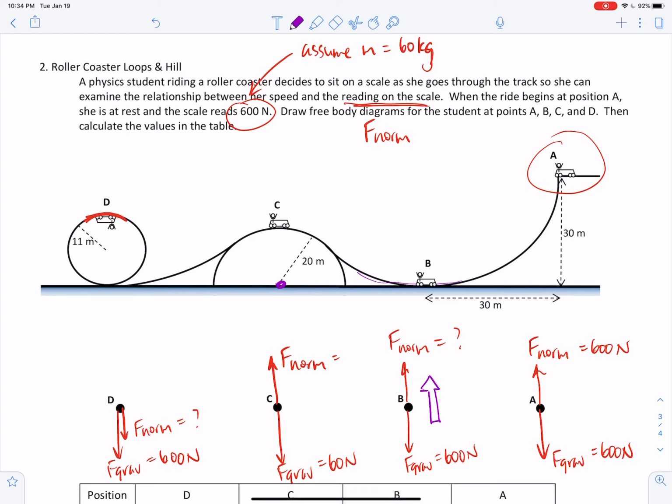And I'm going to label it as the sum of the forces in the centripetal direction, meaning the inward direction. At location C, now centripetal is down because the center of that circle is here below her. And then at location D, the centripetal force is also down. So the sum of the forces in the centripetal direction will be here. Again, because the center of the circle is here and she's up here.